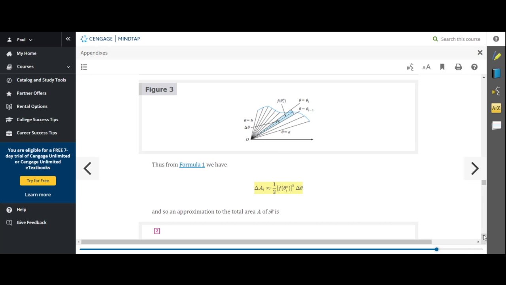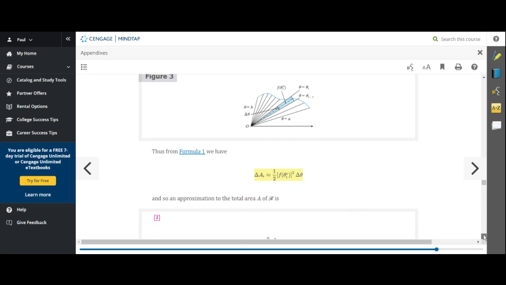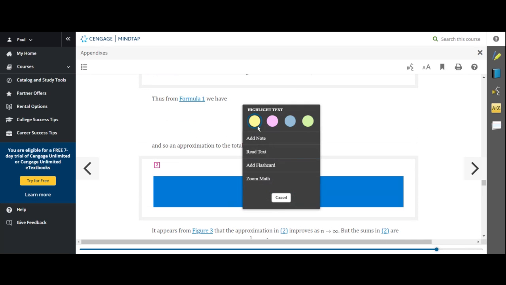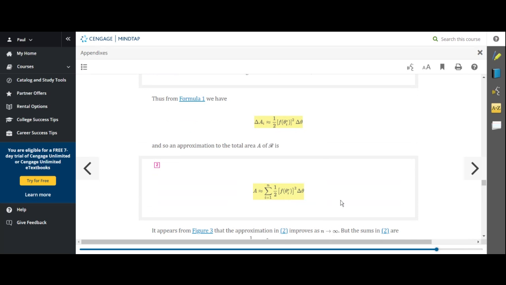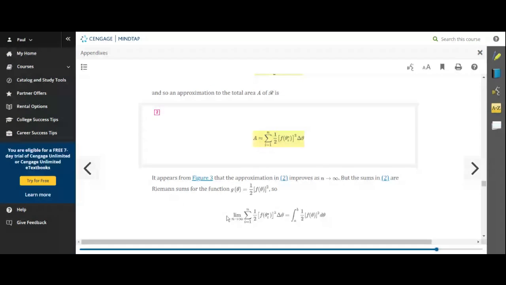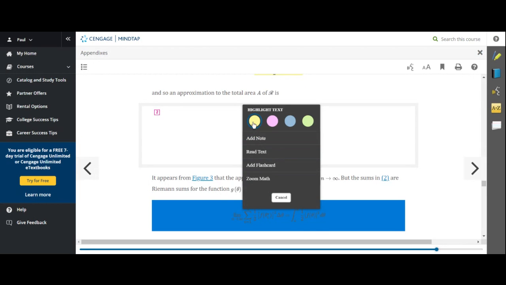Again, this is analogous to what you learned about the area underneath a function. The total approximation of the area would just be the sum of the areas of the sectors. As you let n go to infinity, the approximation gets better and better, and you get a Riemann sum.